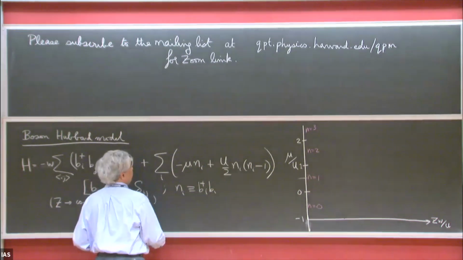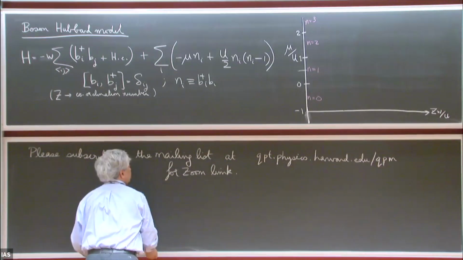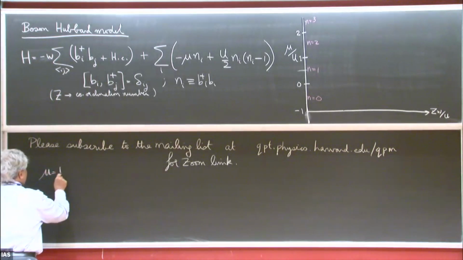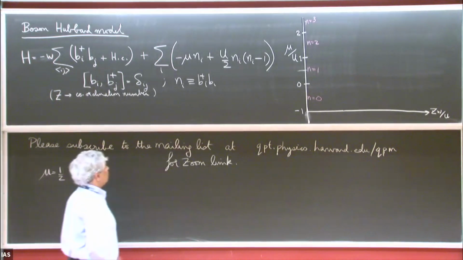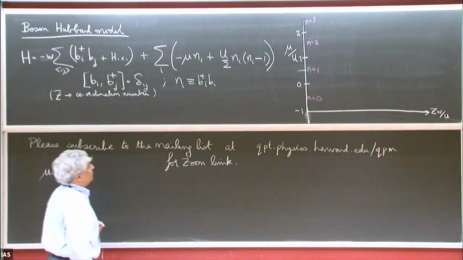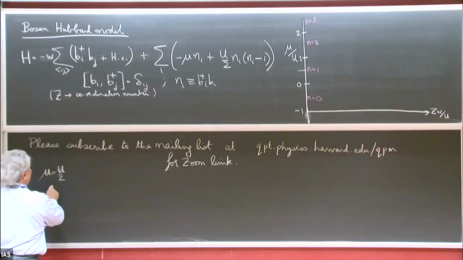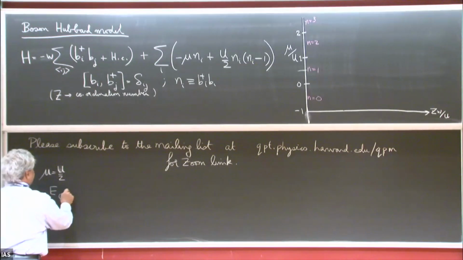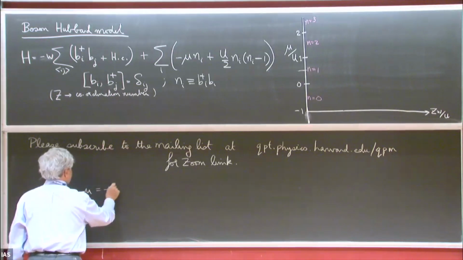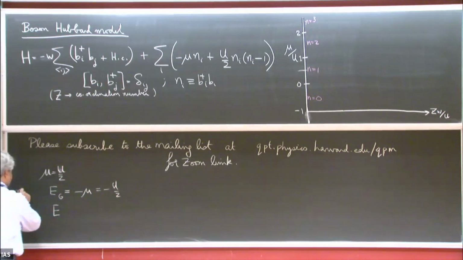So at mu equals 1/2, what are the different states that you can think of? So you put mu, u is u over 2, sorry. So what are the different values? The ground state energy is n equals 1. So if the ground state is minus mu, and there's no u, which is minus u over 2, that has n equals 1.